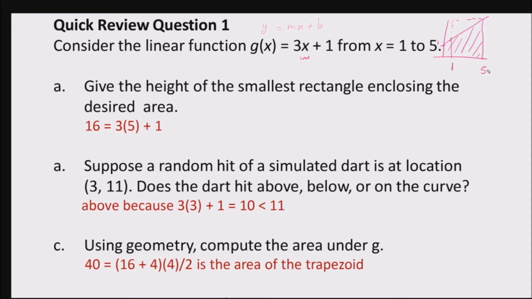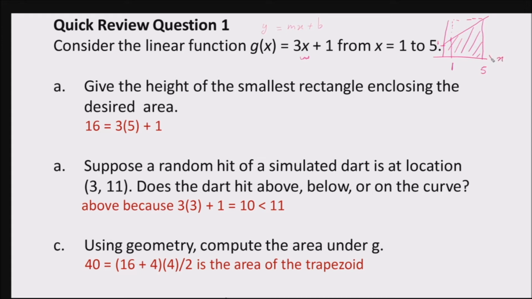The range is from 1 to 5. And what is the highest value? Well, the highest value is hit when x is 5, right? So when it is 5, what is the highest value I get? Well, I'm going to apply x. These are my x values.